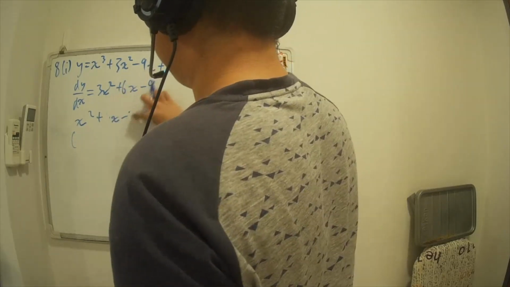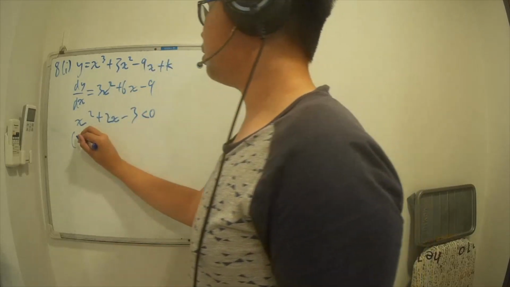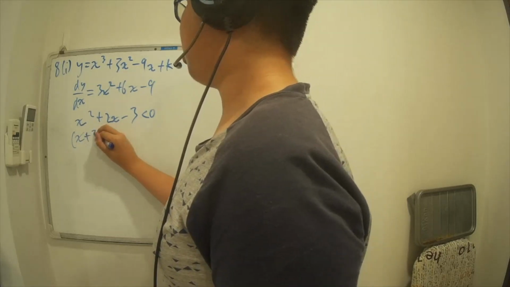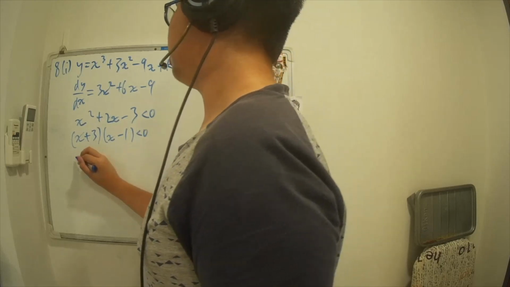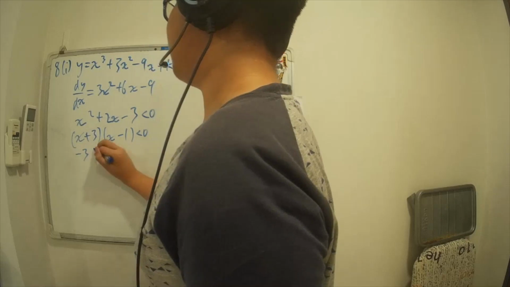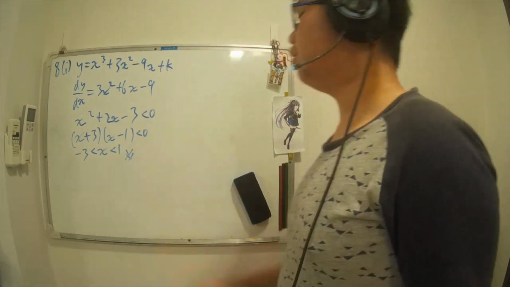Then x plus 3, x minus 1 is less than 0. Therefore negative 3 is less than x is less than 1, right? That part is quite simple.